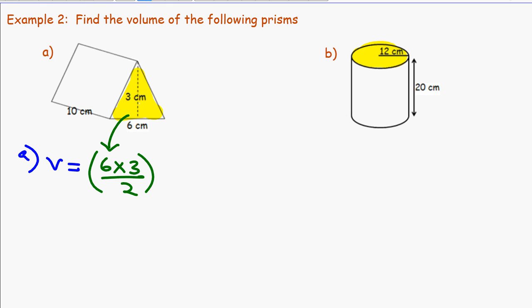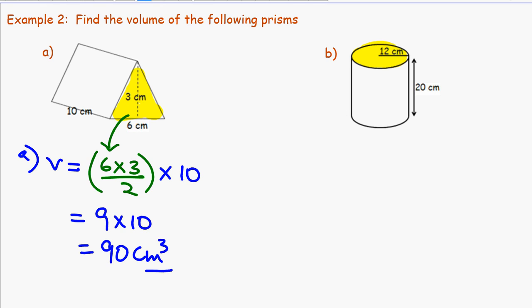And then I multiply that by the length, which is 10. That will be 9 multiplied by 10, which is 90 centimeter cubed.